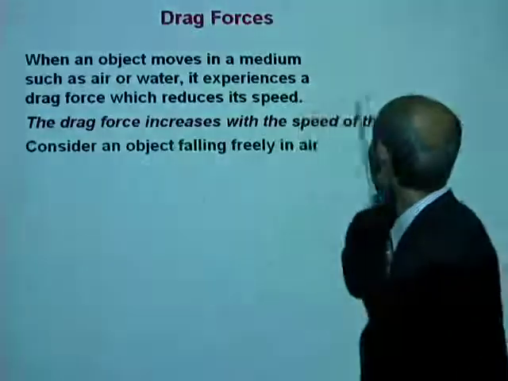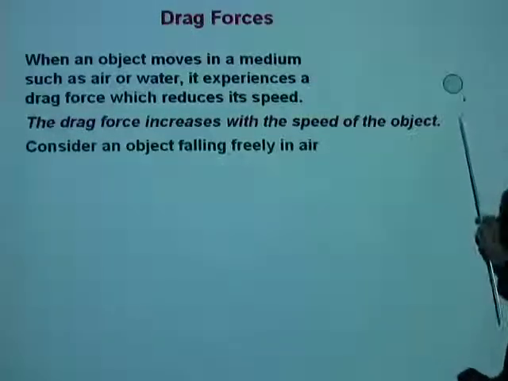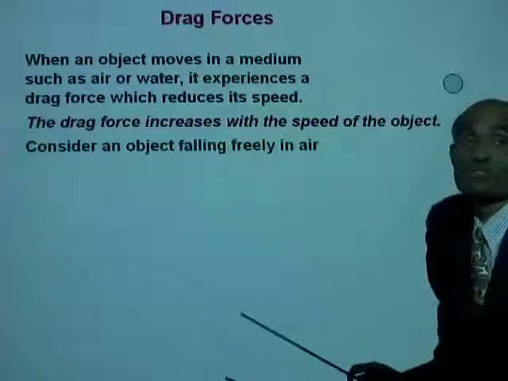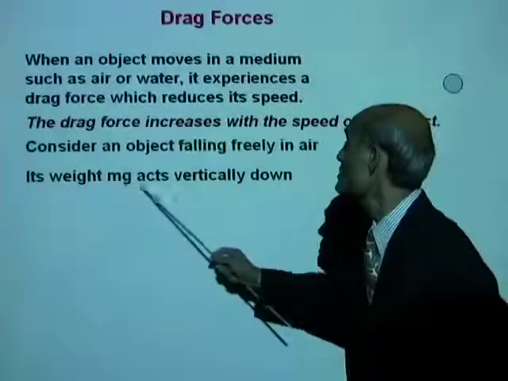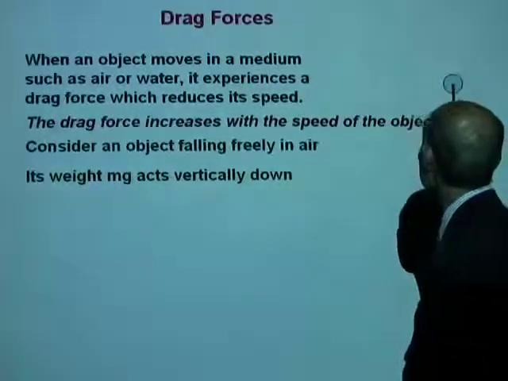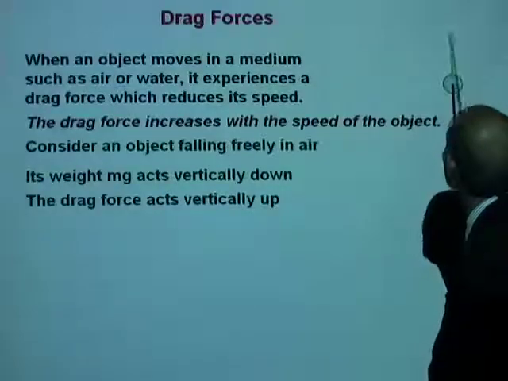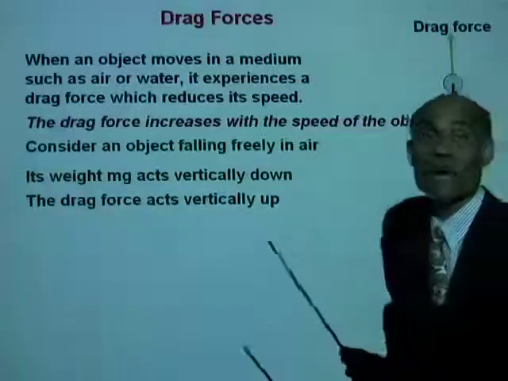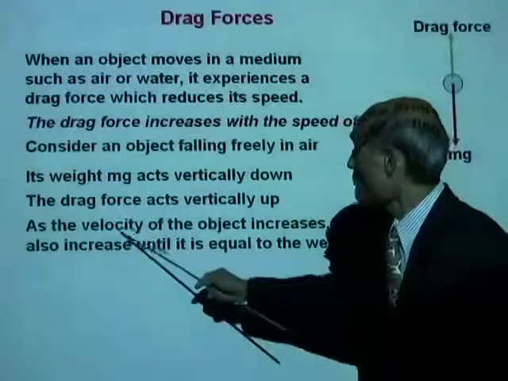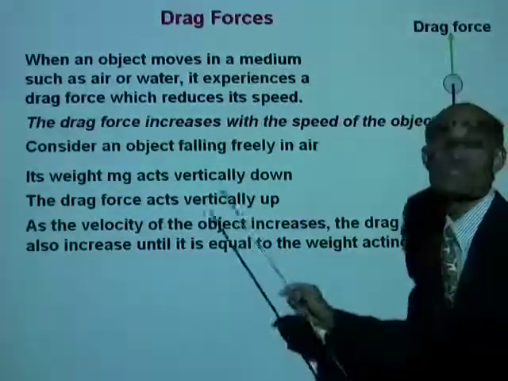Now, consider an object falling freely. Now, what are the forces acting on it? Its weight mg is acting vertically down, and the drag force will be acting vertically up. As the velocity of the object increases, what happens?